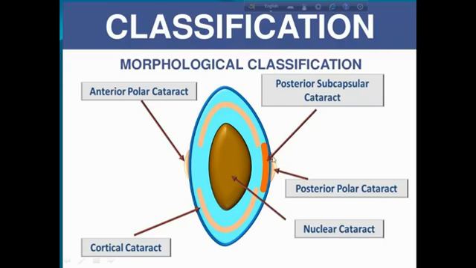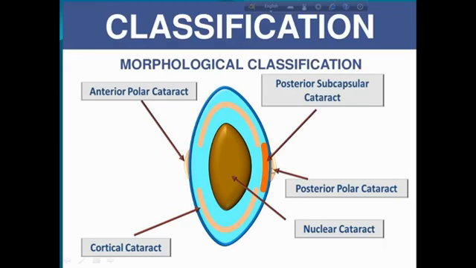Here this is a polar cataract. There may be posterior polar cataract, there may be anterior polar cataract, and this is the cortical cataract, especially when only the cortex is opacified. There is a nuclear cataract.